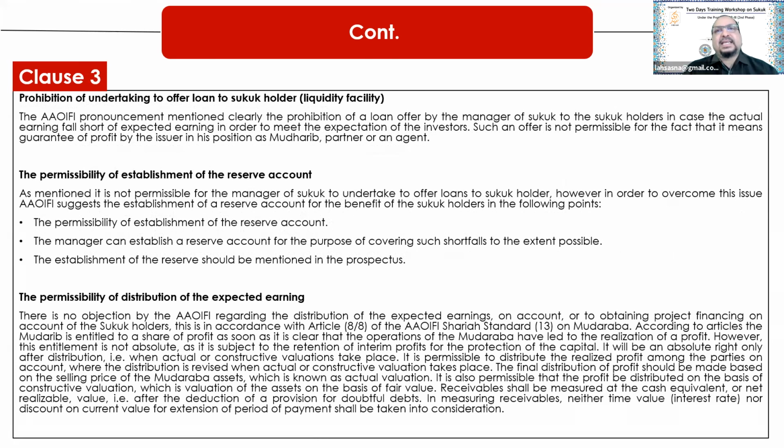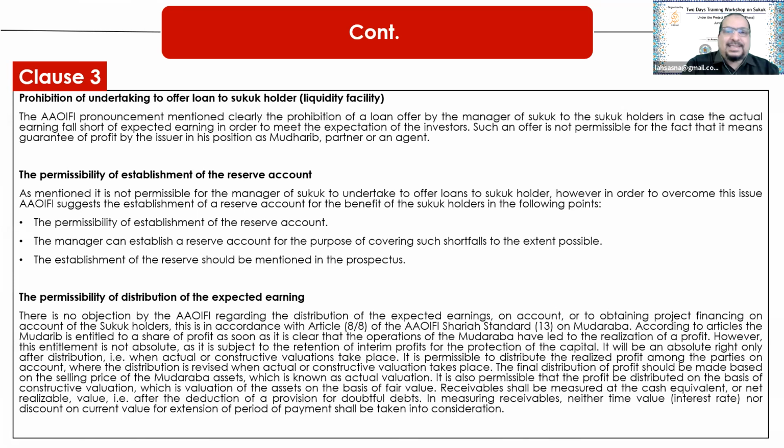This means that in case there is a shortfall in the periodic payments by the issuer, the issuer injects a qard hasan to cover that shortfall, then the qard hasan will be recovered and set off upon maturity. So it is a practice in some sukuk issuances. IOFI didn't like it. They say this shouldn't be a practice, and this liquidity shouldn't be part of the structure.